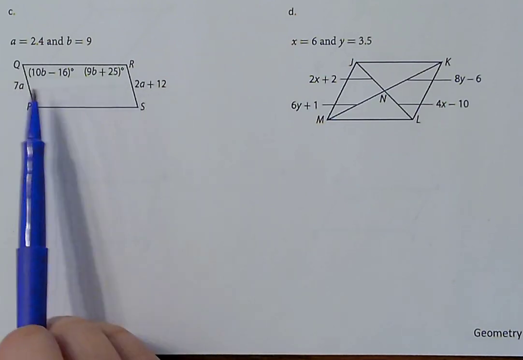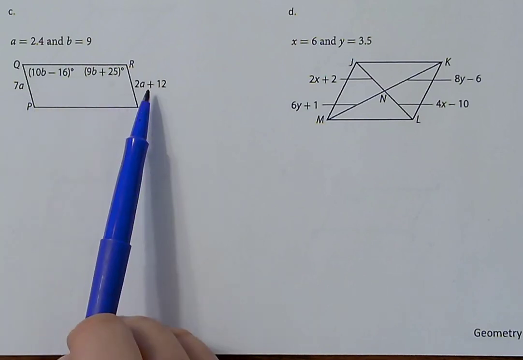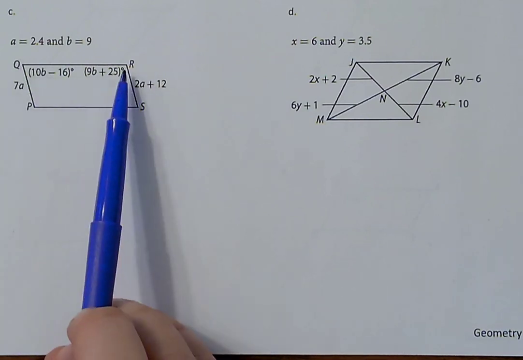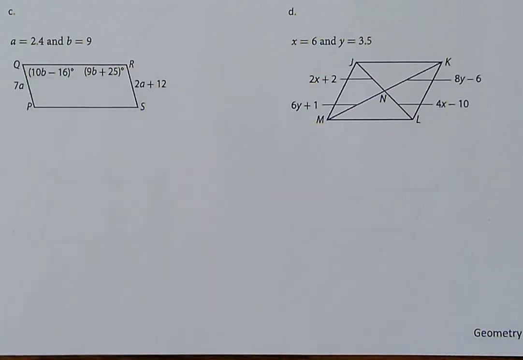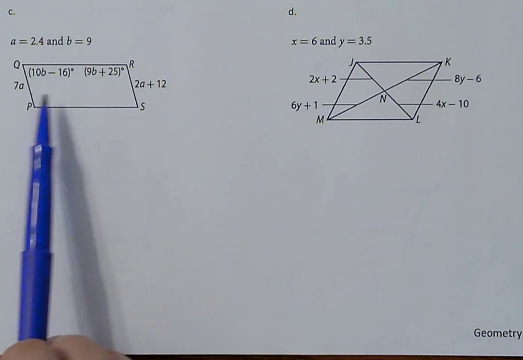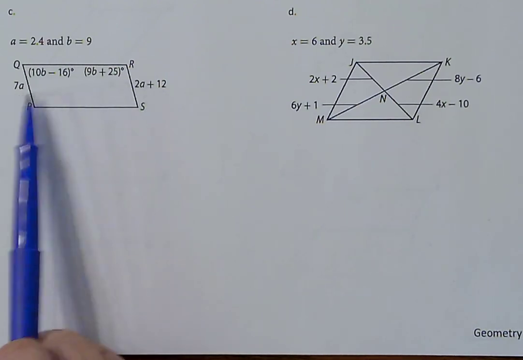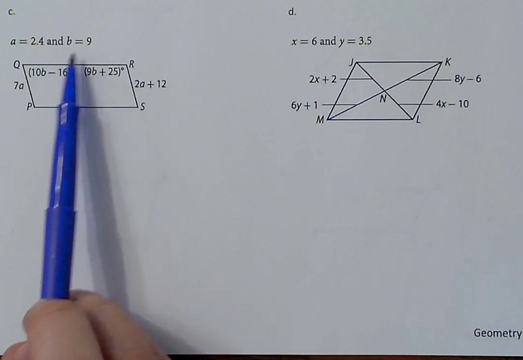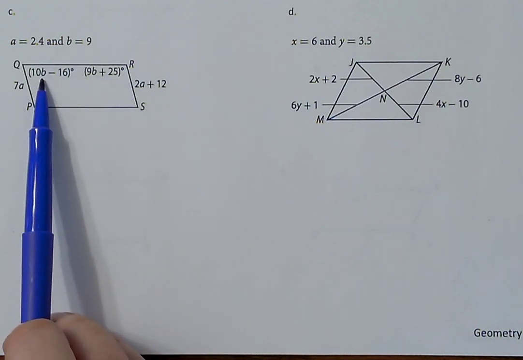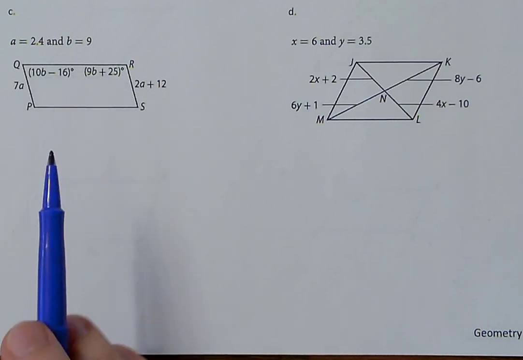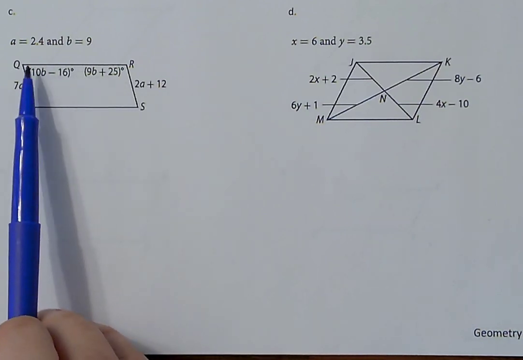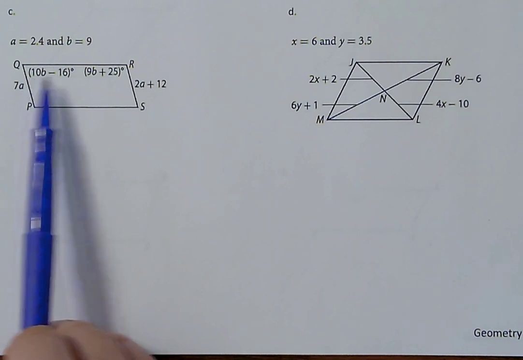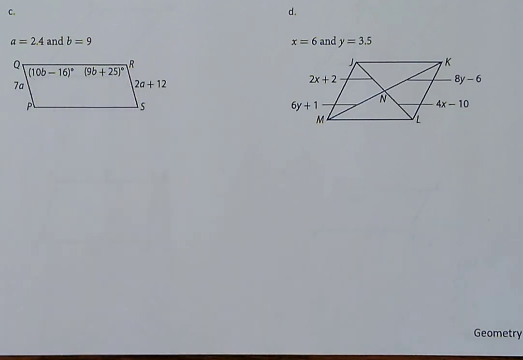So that means you would plug 2.4 in for both and see if QP equals RS. Next, is to take 9 for B and plug it in, 9 in there and 9 in there. And your goal is to figure out what the measure of angle Q and the measure of angle R are.